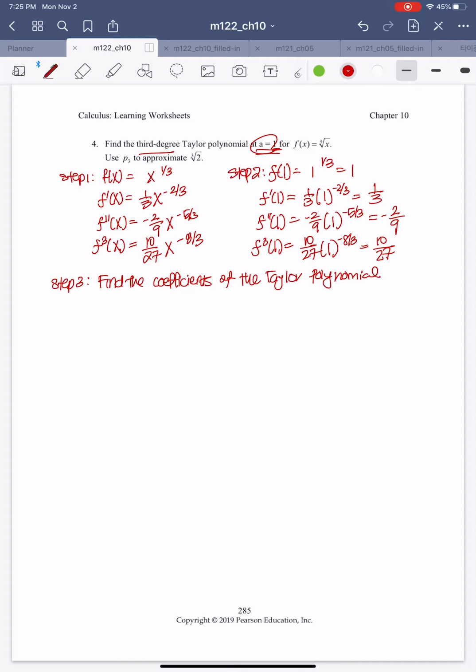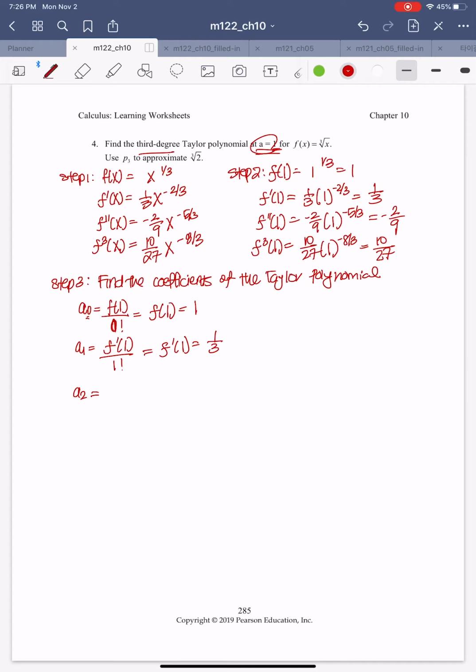A sub 0 is f of 1 over 0 factorial, so that's just f of 1, which is 1. A sub 1 is f prime of 1 over 1 factorial, so that's just f prime of 1, which is 1/3.